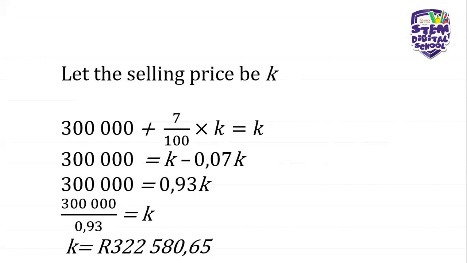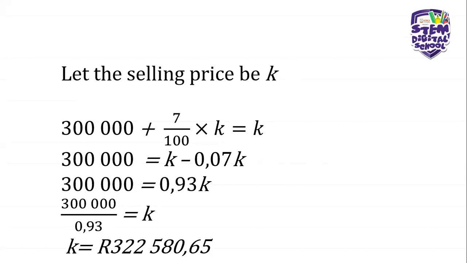So the like terms in this case will be 0.07 K as well as K. So K minus 0.07 K, and you are left with 300,000 rands on the left-hand side. So this is 1K. We don't always write the coefficient of K, which is 1, but we know it's there all the time. So 1K, or K as we call it, if you subtract 0.07 K, you'll be left with 0.93 K.